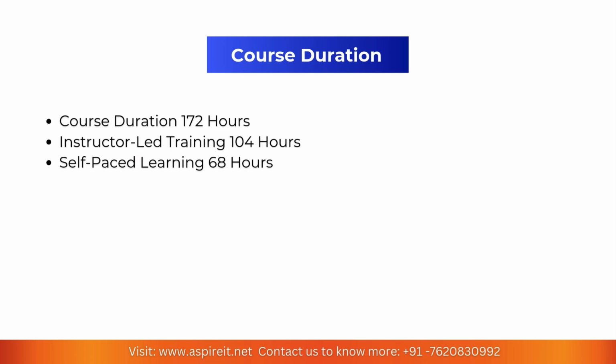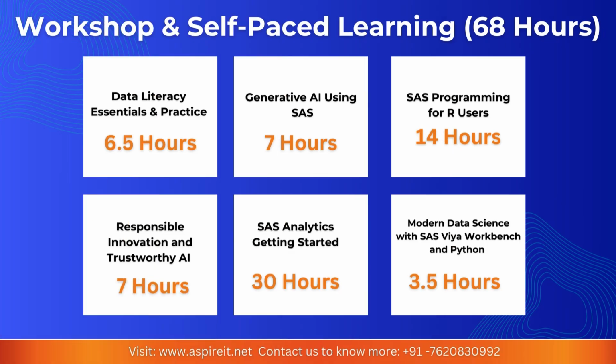In those 68 hours, these are the different topics that you can get to learn. The first point is data literacy essentials and practices. These contents are prerequisites for learning this course, so if you have knowledge of them, it will be easy to understand the basic fundamental course. The first course that you get is Data Literacy Essentials and Practice, for 6.5 hours.